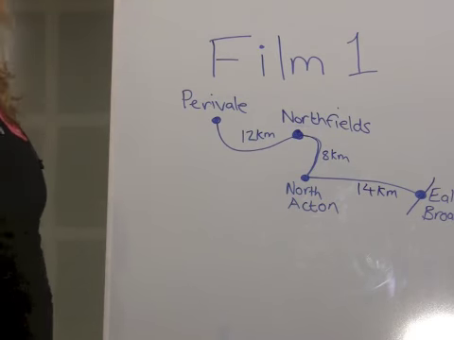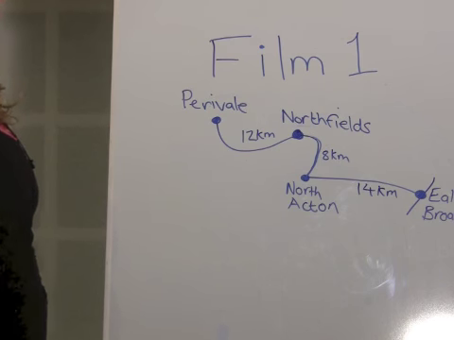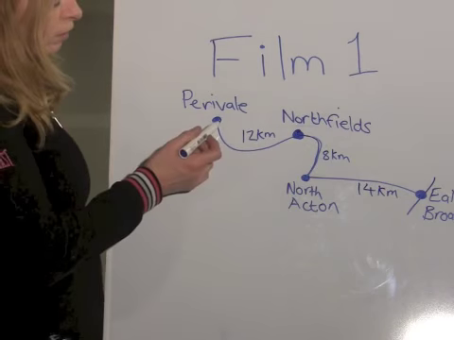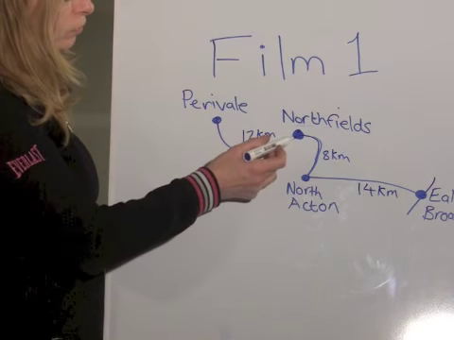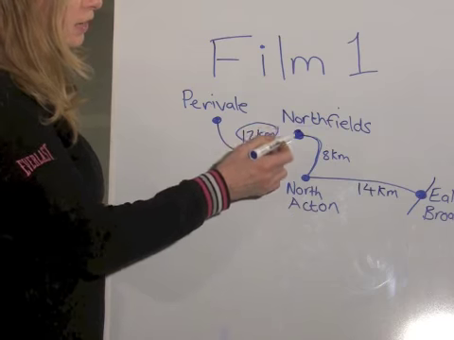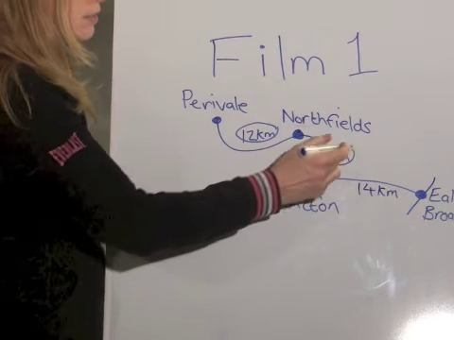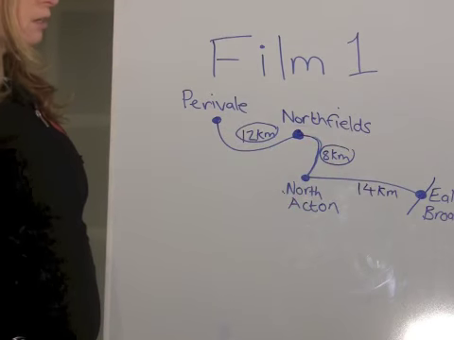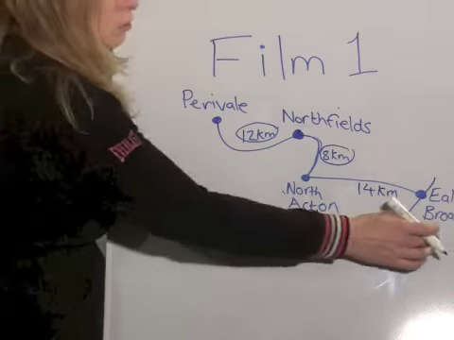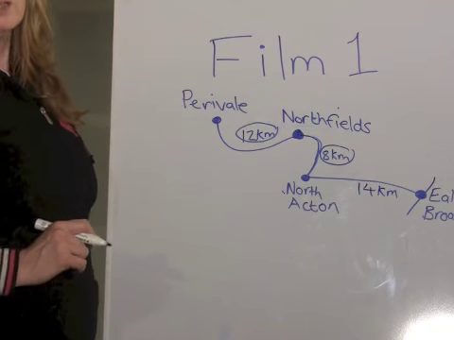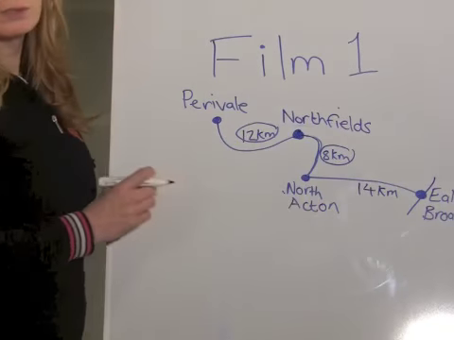And then the question is, how far is it from Perryvale to North Acton? So if we look, from Perryvale I will have to go 12 kilometres to get to Northfields and then 8 kilometres to get to North Acton. So just be careful, just because it goes all the way to Ealing Broadway doesn't mean that that's the distance they want to know.